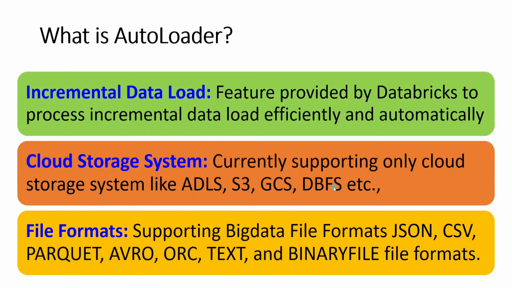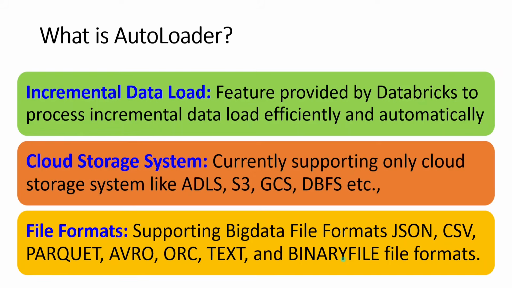These are the different cloud storage systems in the market. And coming to file formats, AutoLoader supports only a certain list of file formats. Those are JSON, CSV, Parquet, Avro, ORC, text, and binary file.